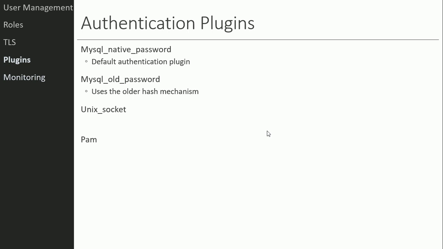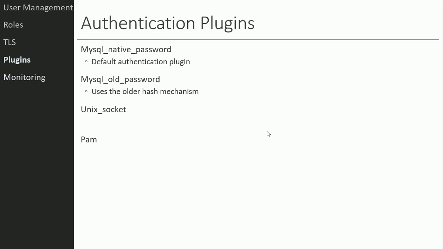The whole point of a hash is that you don't know what the original password was. And even though it's an older mechanism and it's pretty secure, it's still a pain in the neck to figure out what those passwords were, to brute force those hashes. So in those cases, it might make sense to stick with the older mechanism. So you could certainly do that. That's going to be the MySQL old password, again, for backwards compatibility.